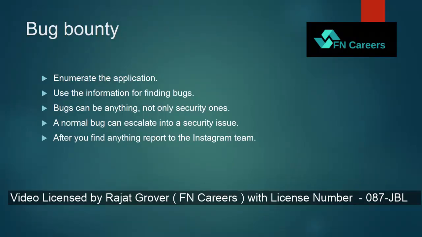So when you upload something, the functionality responsible for taking your video to the server, if it's not finished, you are not allowed to post anything there. In my opinion, this should be multi-threaded. You should be able to post as many videos as you can. So this is an example of a bug that is not security oriented.